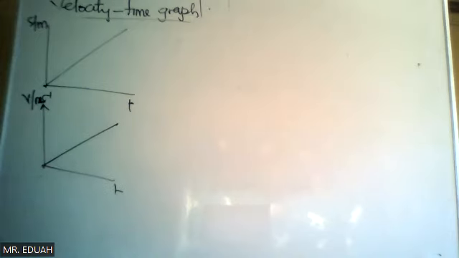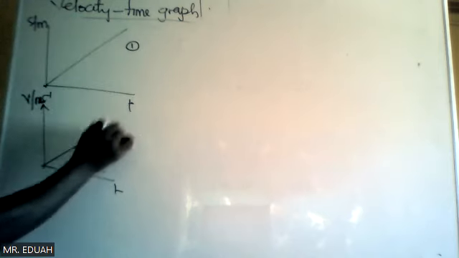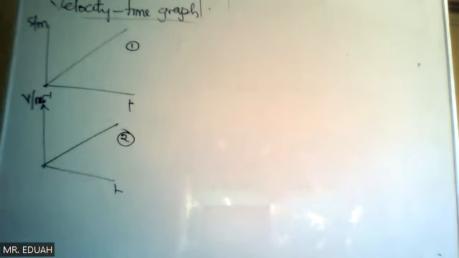In the second one, in the velocity time graph, there's a constant acceleration, meaning the velocity is gradually increasing. But in the first one, the velocity remains constant.